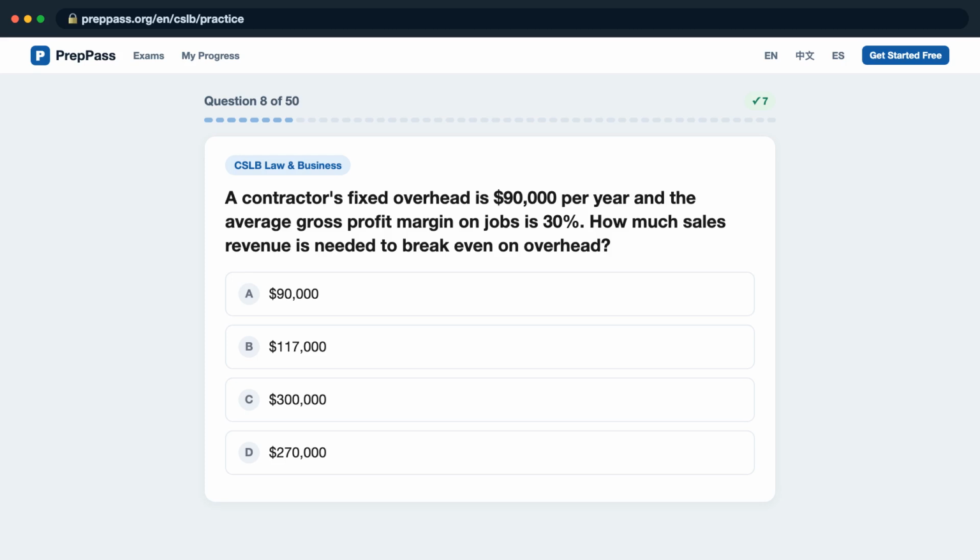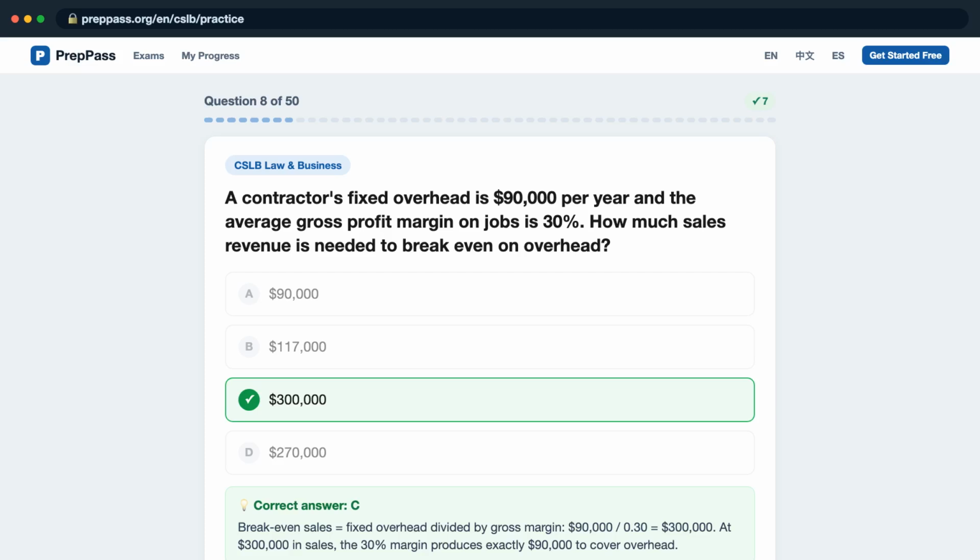D, $270,000? The correct answer is C. Break-even sales equals fixed overhead divided by gross margin. $90,000/0.30 equals $300,000. At $300,000 in sales, the 30% margin produces exactly $90,000 to cover overhead.